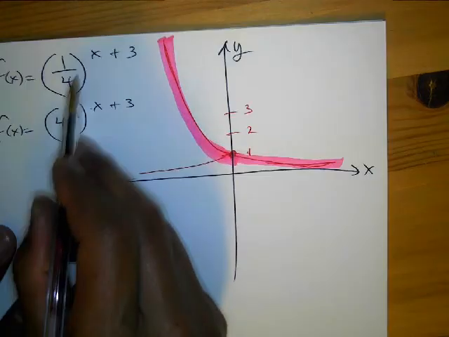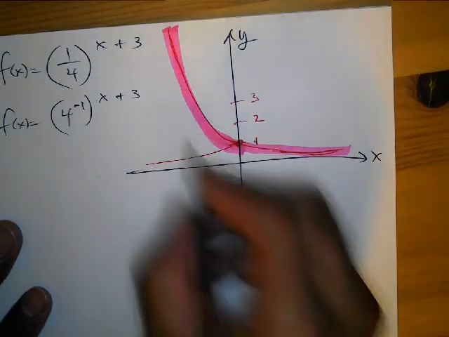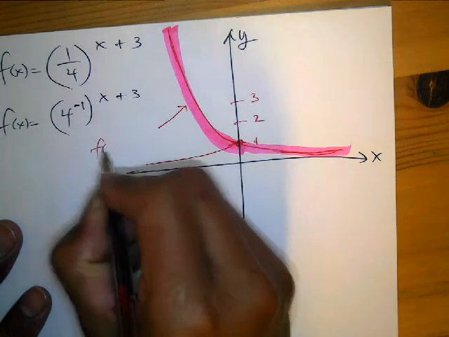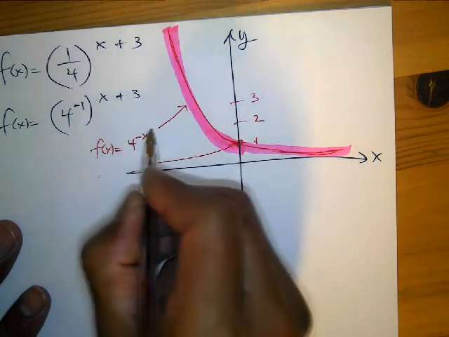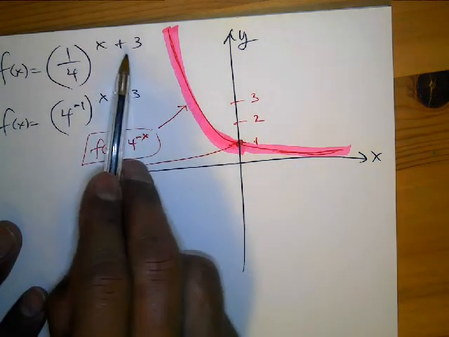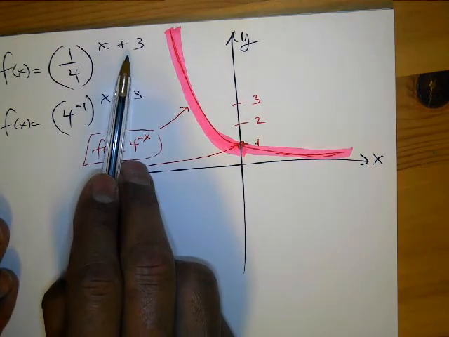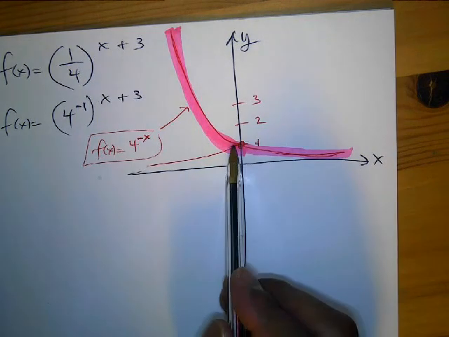Going through 0, 1. I'm getting sloppy here. That's the parent function, the 1/4 to the power of x, or the 4 to the power of negative x. This one's just f of x is equal to 4 to the power of negative x, right? That's just this part with the x.